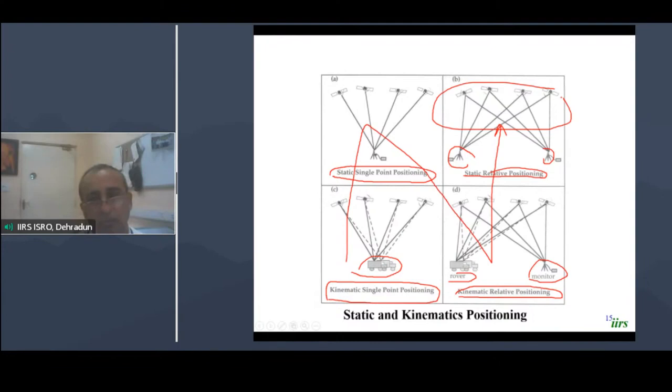While doing observation, if the hardware is able to resolve the ambiguity, that means it is able to calculate the number of cycles present in the signal, then it will go for the carrier measurement technique. Otherwise it will automatically switch to the code measurement technique. Sometimes when you are moving and doing observation and a cycle slip occurs, it will go for the code measurement technique.